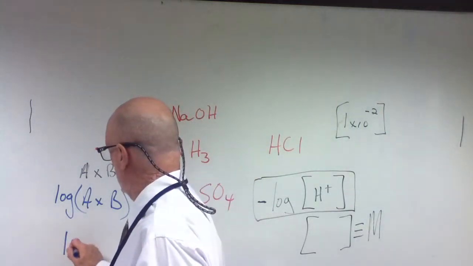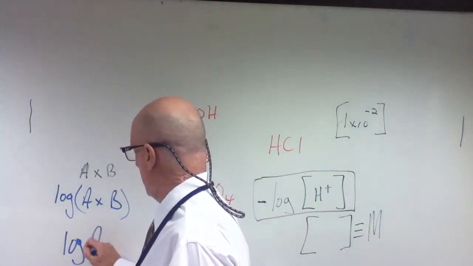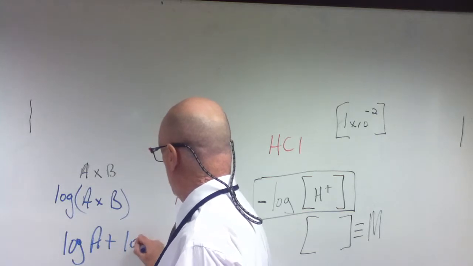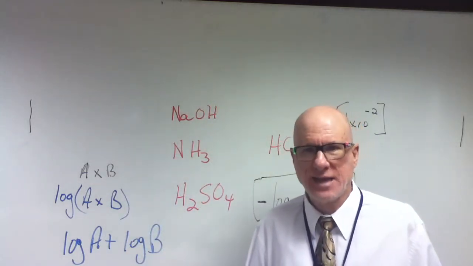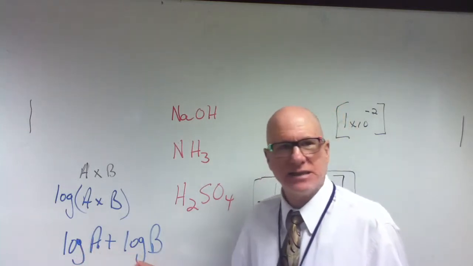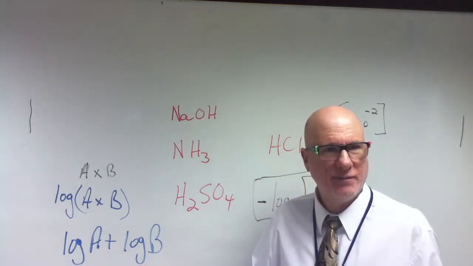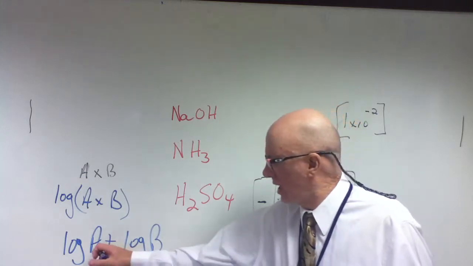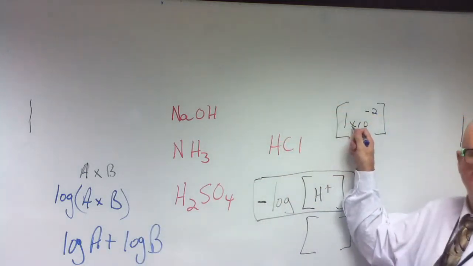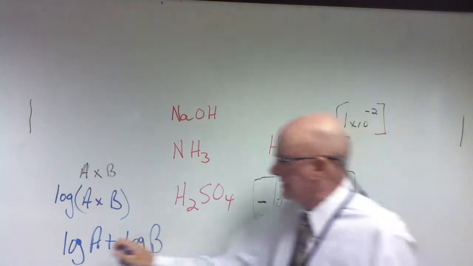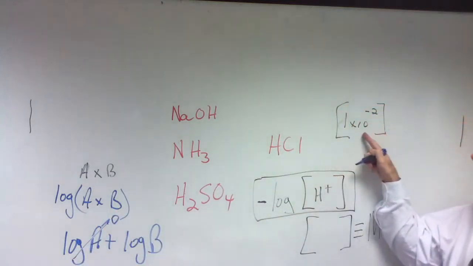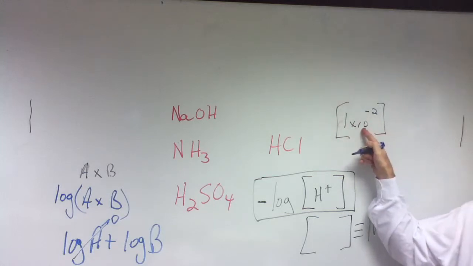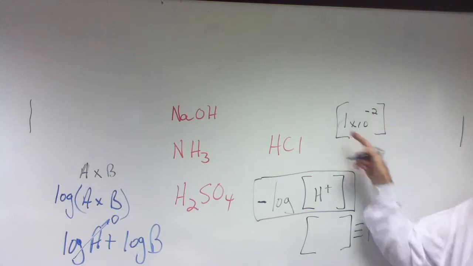The log of A plus the log of B. You see that? You get that? It's the log of A plus the log of B. Yes? So the log of 1 is 0. And then the log of the other part is going to be negative 2.